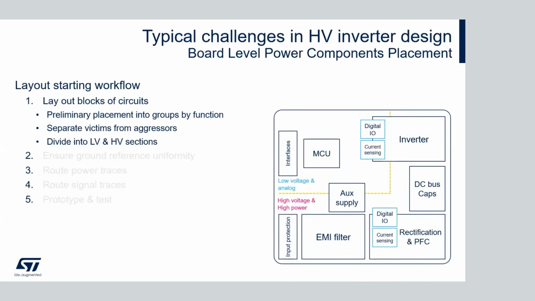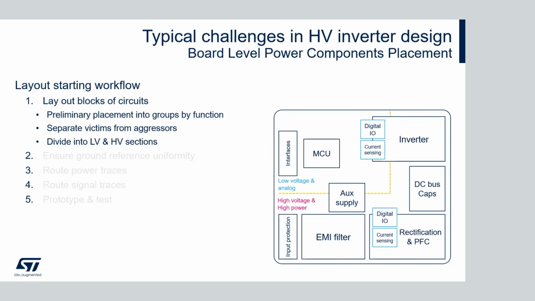And the first one, at the absolute beginning of the layout stage, it's a good idea to lay out the blocks of circuits and separate them by their function. That is just common sense. And then it's also important to think of the blocks of circuits as either victims or aggressors of the interference that is inevitable in an inverter.